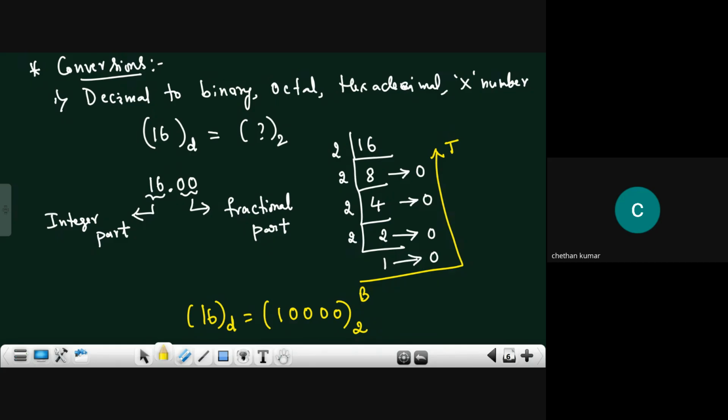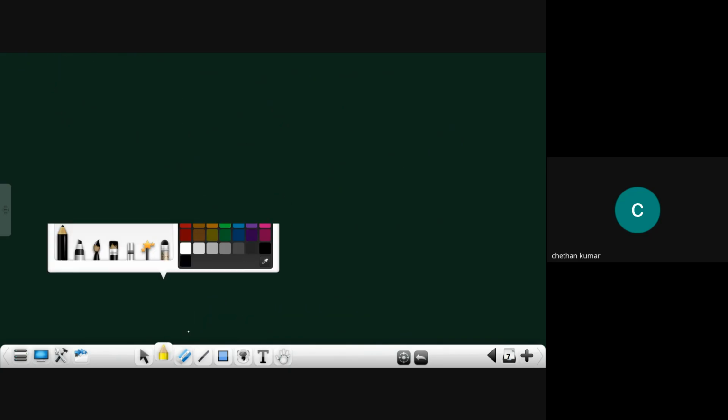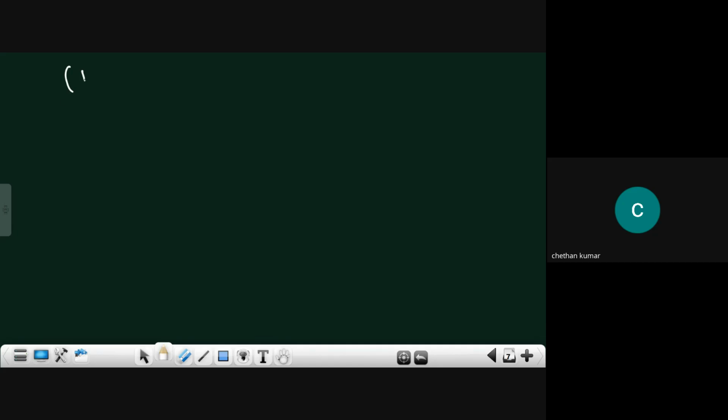Can you take one example and convert? Correct? So the example is, you can take the decimal number 15.50 in decimal. This you can convert into binary. What are the steps? Take the integer part. Successively divide by 2.